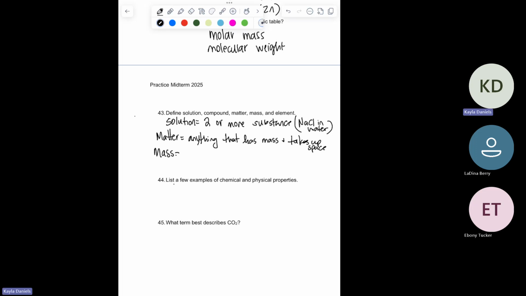Mass is basically weight without gravity, or the amount of matter something has.